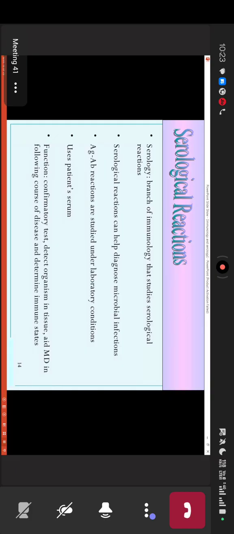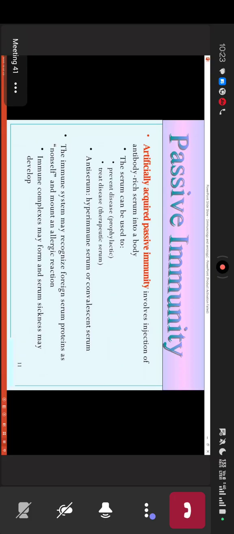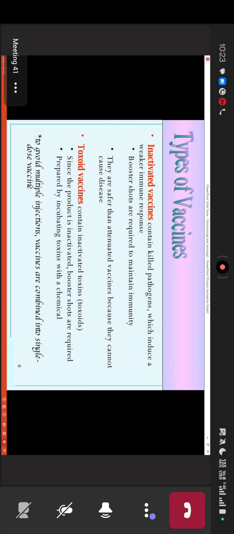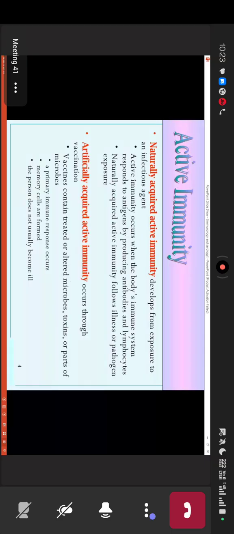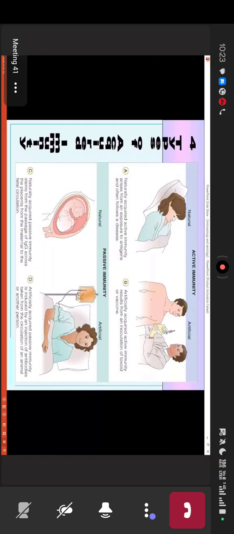Yes, one point: in this scenario, just go back to immunity. If I talk about natural immunity, the individual comes in exposure to an antigen and starts producing the antibody. How does this process take place?